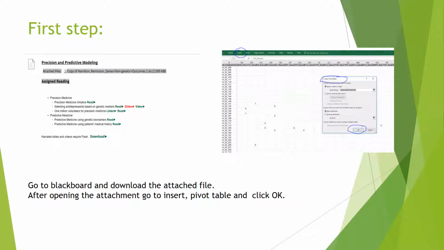After this, you're gonna open the file and go to insert. After pressing insert, you're gonna press pivot table and just click OK. Don't change anything about it, just click OK.